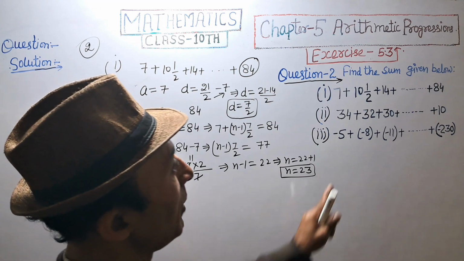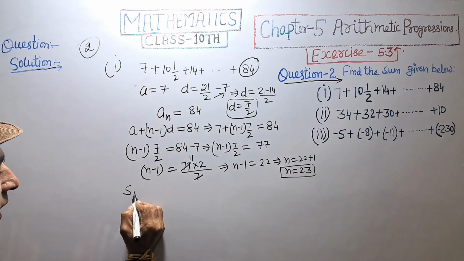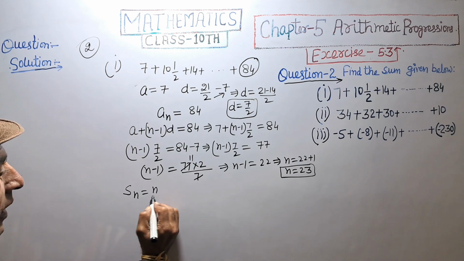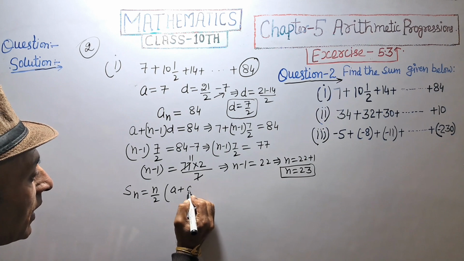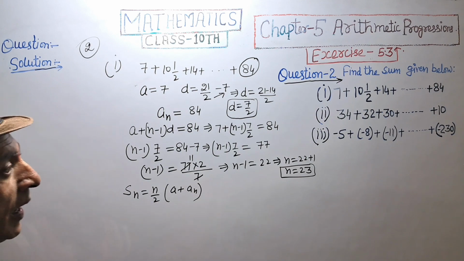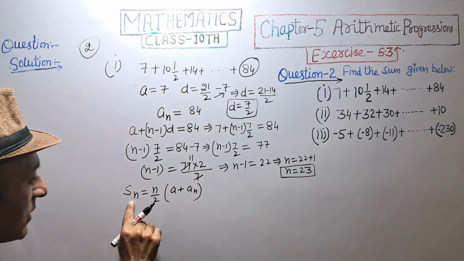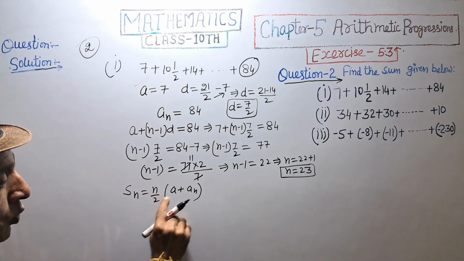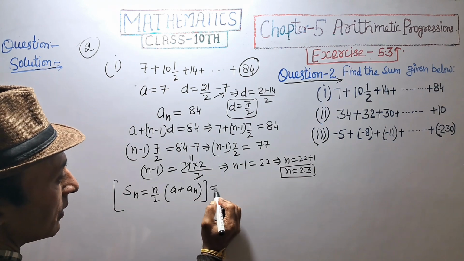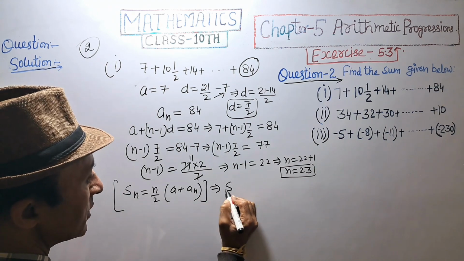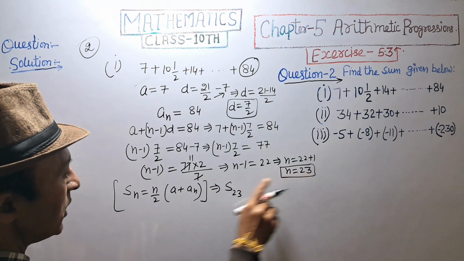And now find the value of the sum. Sum means Sn is equal to N upon 2 into (A plus An). If we have the first term and last term, then Sn can be written as N upon 2 into (A plus An). This implies S23, since we get the value of N as 23.